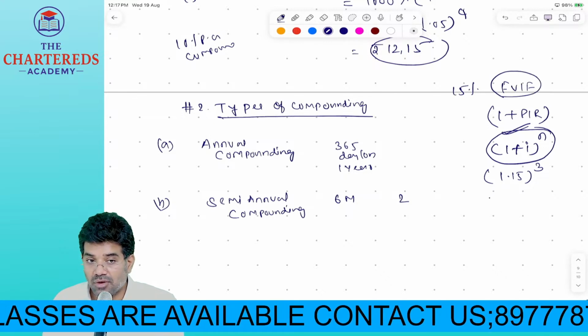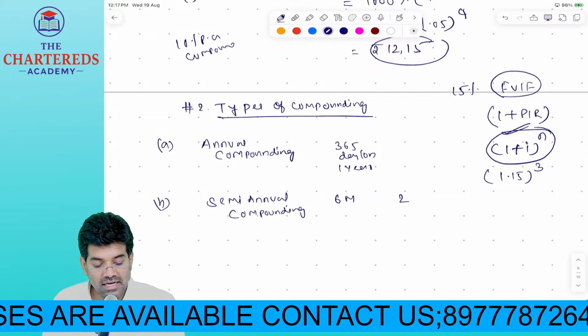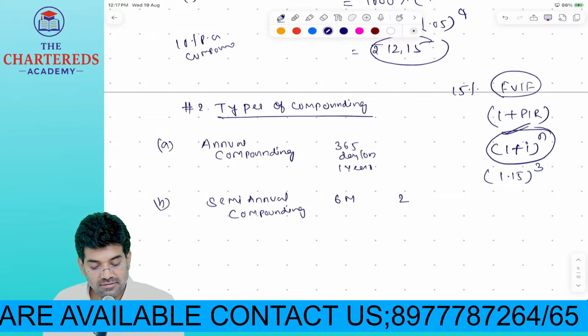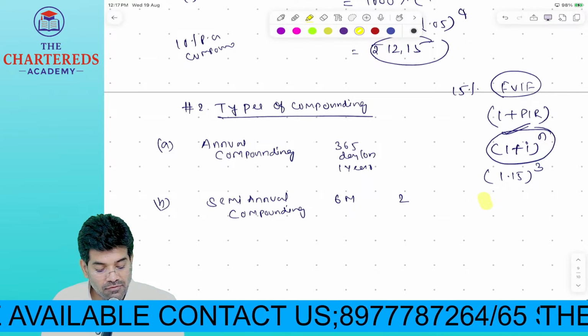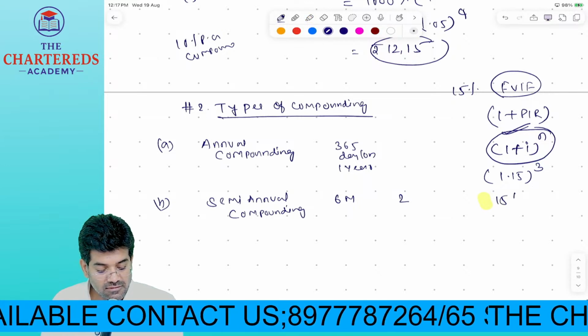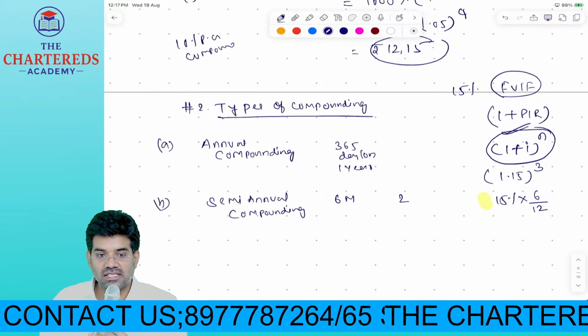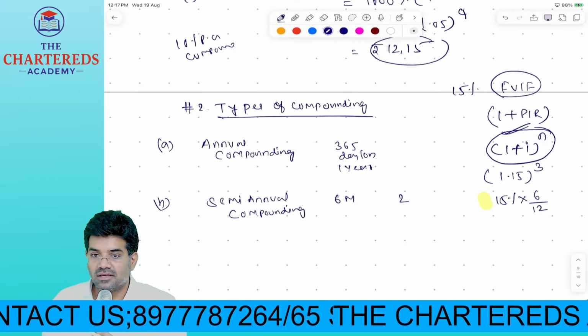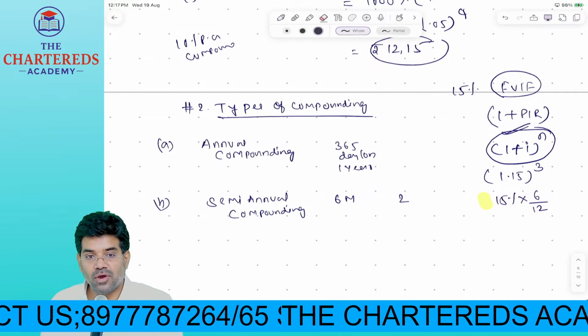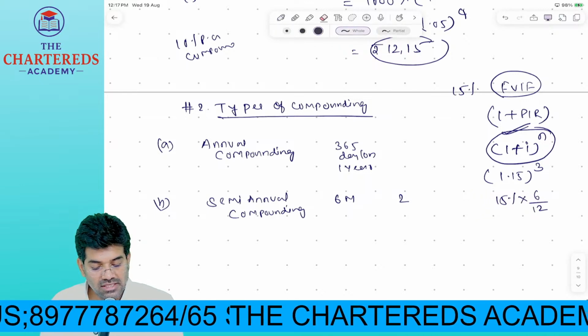Yes, our annual rate of interest, periodic interest rate ఏమవుతుందో తెలుసా? ఏం చేయాలంటే 15% should be proportionately considered, అంటే 6/12. ఓకే, ఎంత అవుతుంది అది? 7.5%.